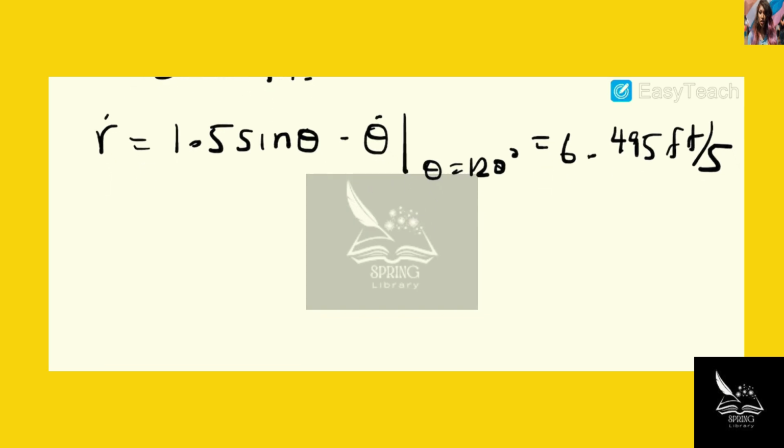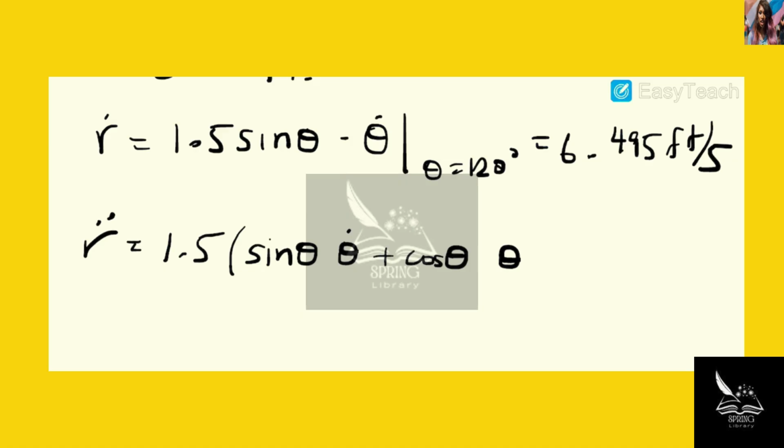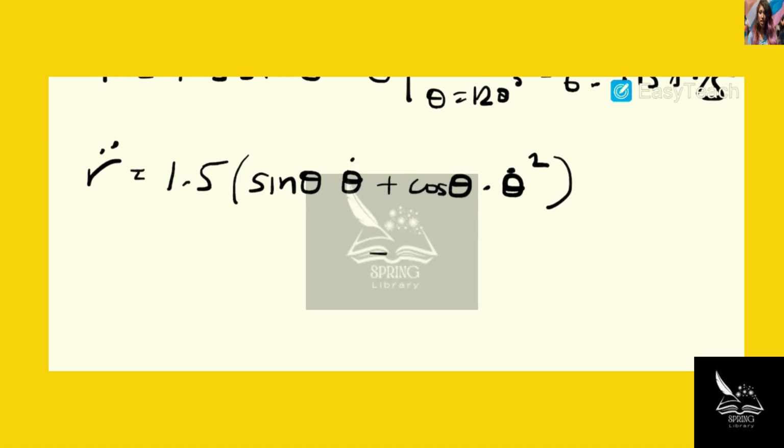We can again take the derivative and say that r double dot, the acceleration in r, is equal to 1.5 times the quantity sine theta times theta double dot plus cosine theta times theta dot squared. And we'll see that this is equal to negative 18.75 feet per second squared.